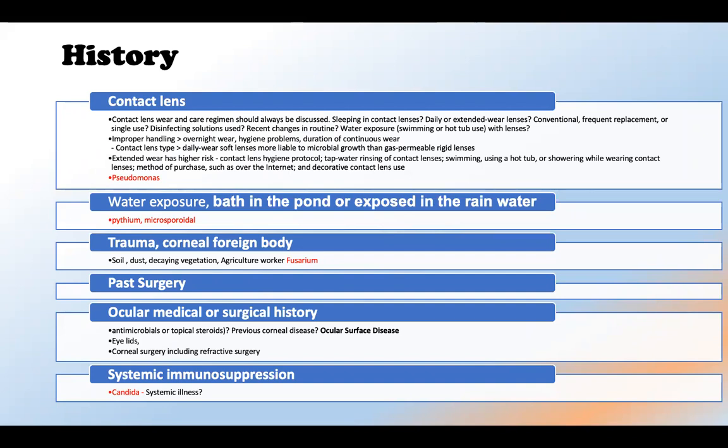Water exposure is also important. Trauma with vegetative matter, like in agriculture people, farmers, fungal infection, sure, post surgery, any ocular medical or surgical history, LASIK or any ocular surface disease or systemic immunosuppression.